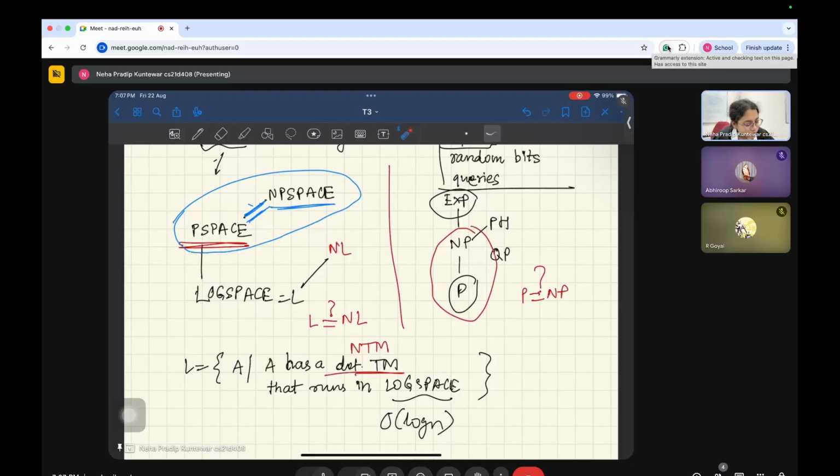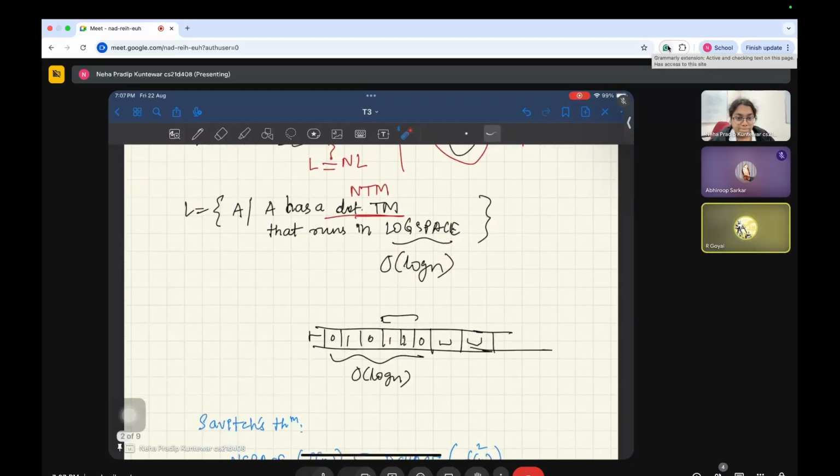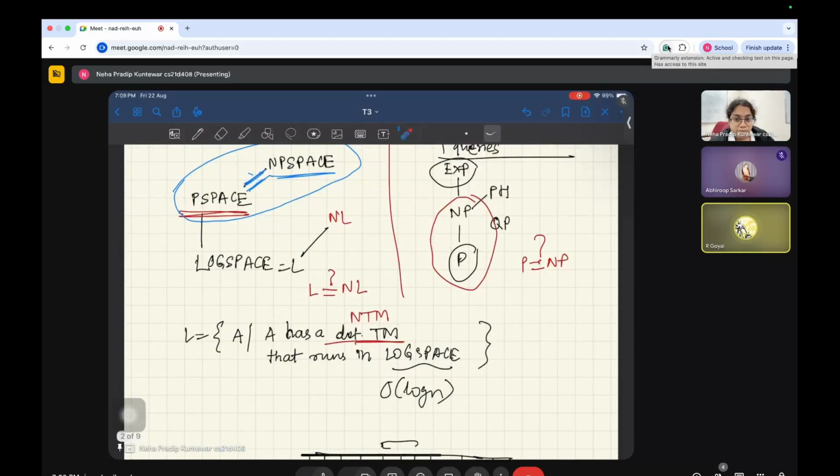I have a query at this point. According to Savitch's theorem, if PSPACE is equivalent to NPSPACE, then in Savitch's theorem one additional line is usually given, that for all values of n, the problem size is greater than log n, only then would the equivalence of PSPACE and NPSPACE be true.